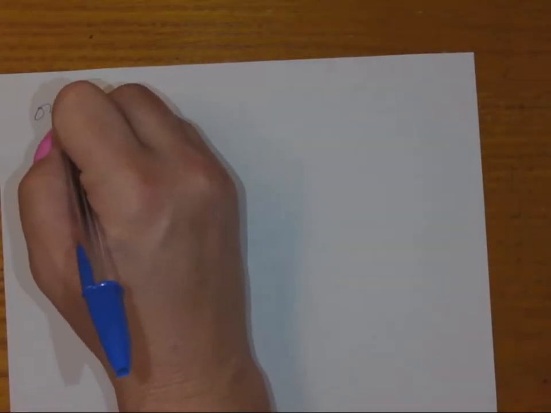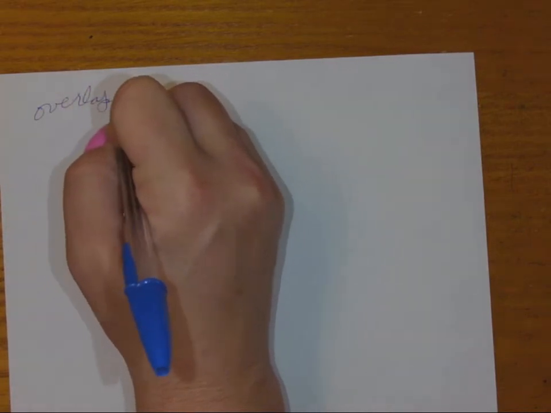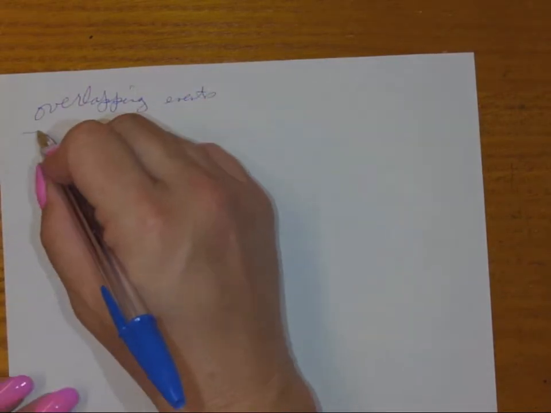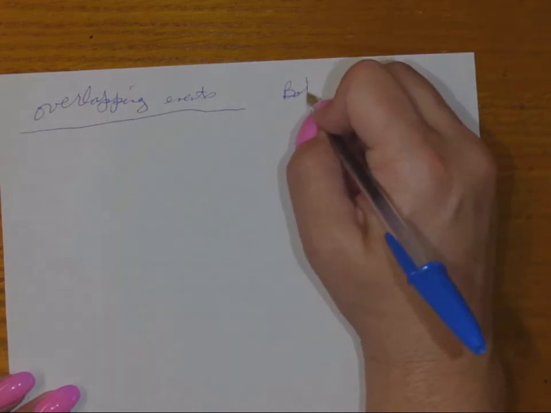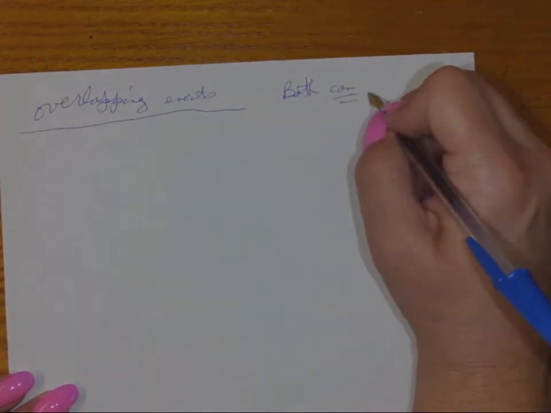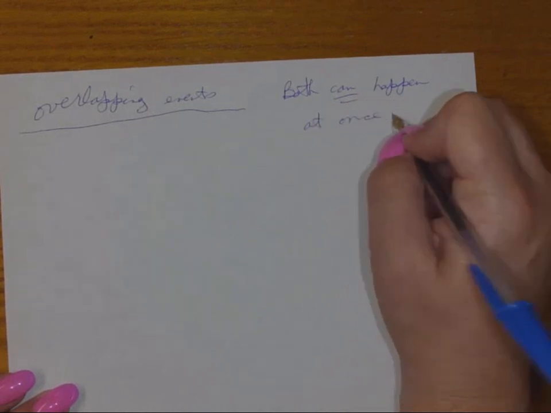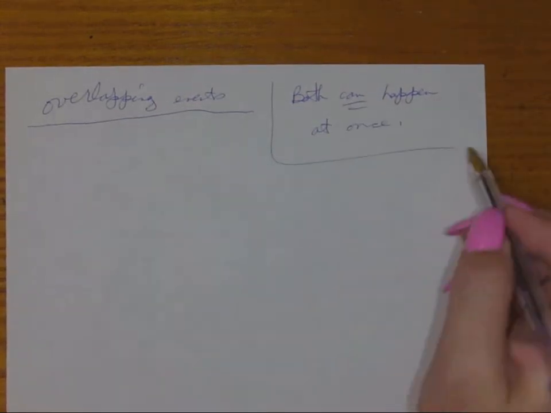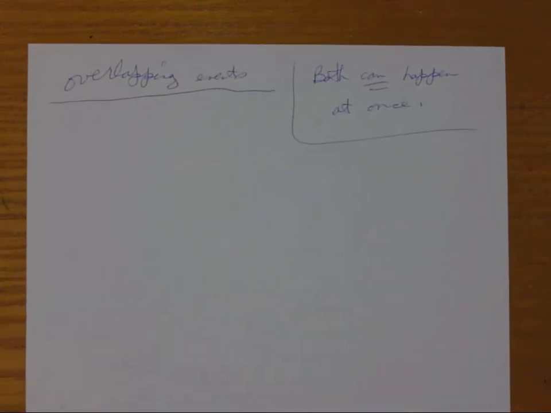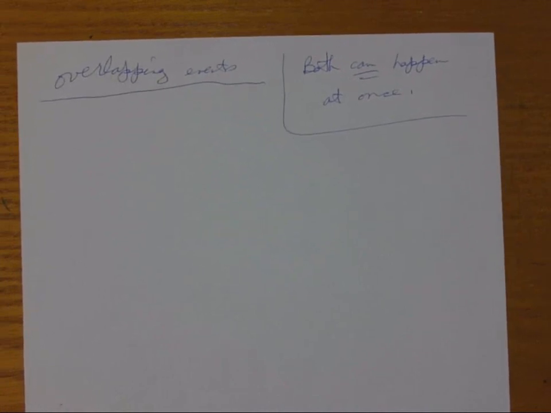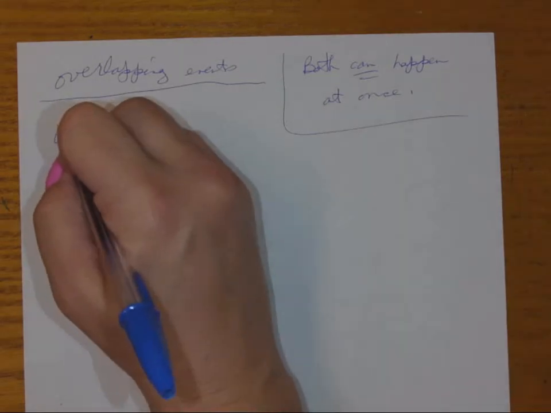If you have overlapping events, okay, where both things can happen at once. Okay, this is my classroom where people can be wearing both glasses and hats at the same time. It is possible, okay? Then you have to watch out for double counting.